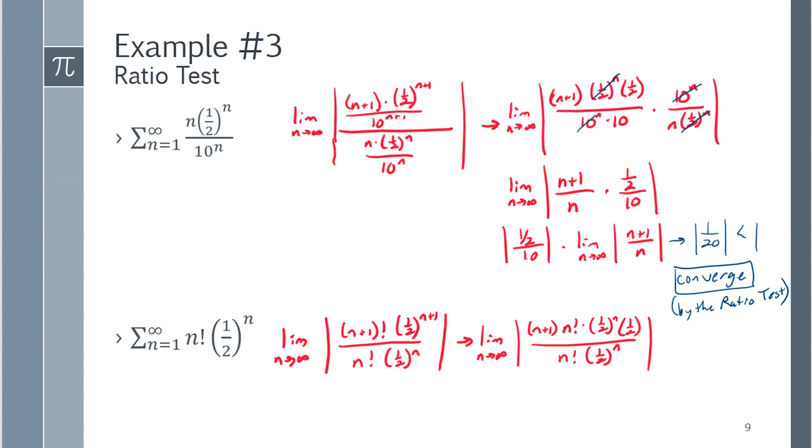I can now see n factorial will cancel, 1/2 to the n will cancel, and I'm left with the limit as n goes to infinity of the absolute value of n plus 1 times 1/2. And since n is going to infinity, this is going to infinity, which is bigger than 1, so this diverges by the ratio test.